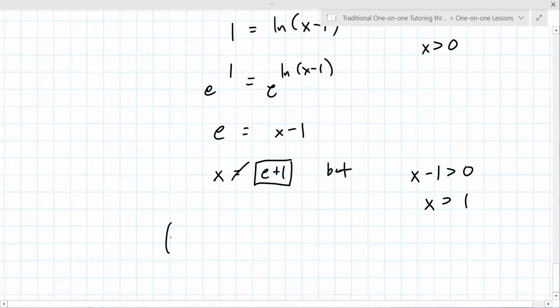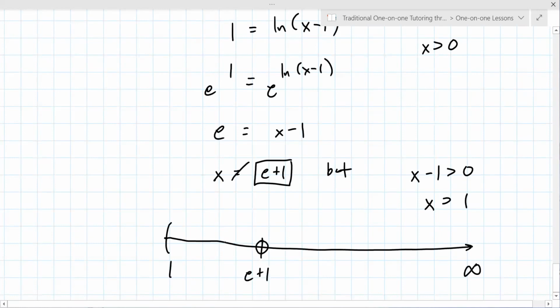If you looked on a number line, you start at 1 to infinity. Here's e plus 1 somewhere. It's everything but that. It's all these numbers in between and then to the right of it. And if any of that wasn't clear, I'd be happy to go through it again. No, I'm good. Okay, great.